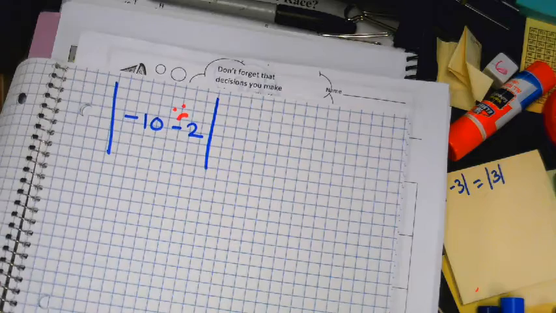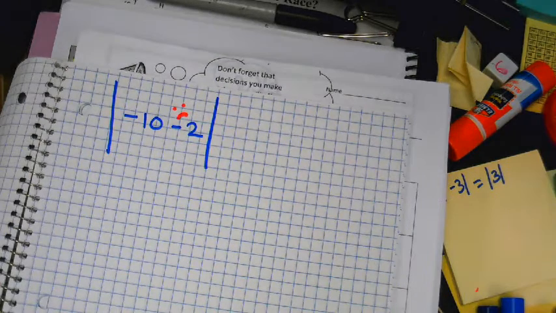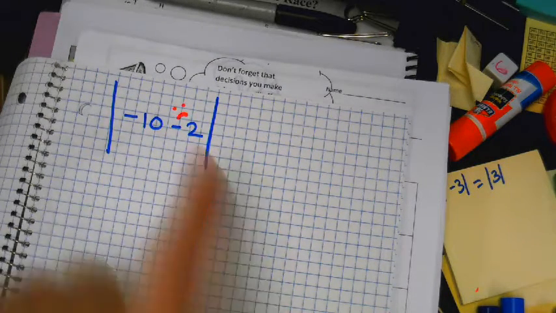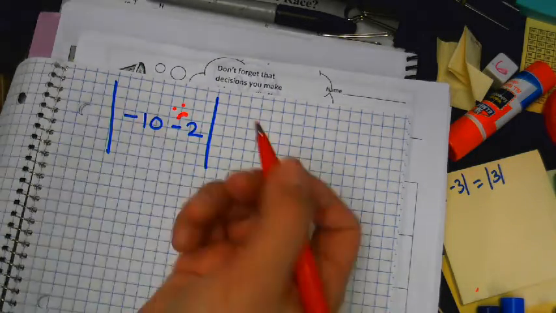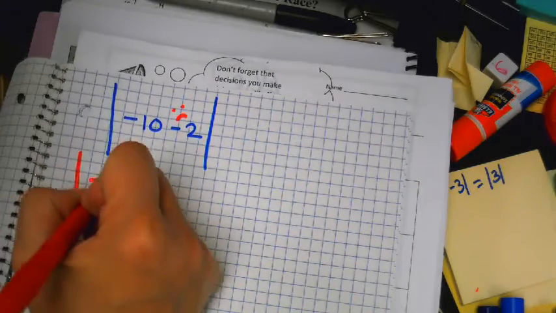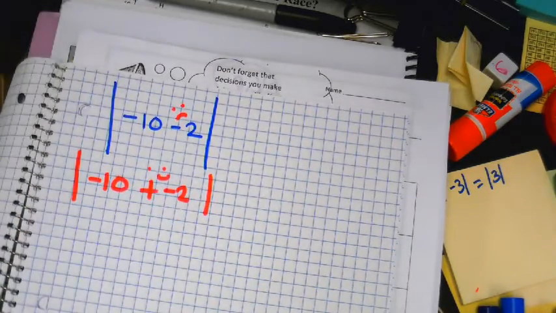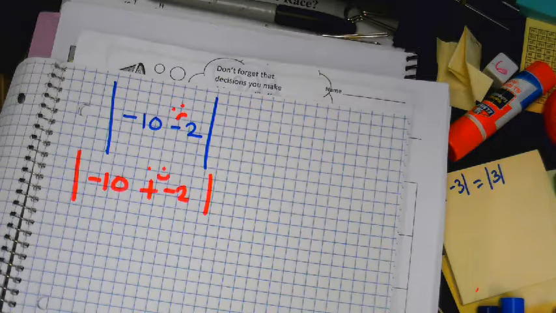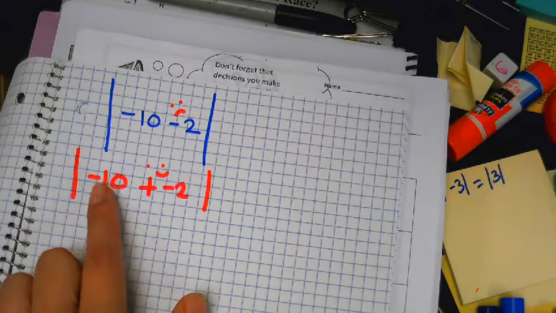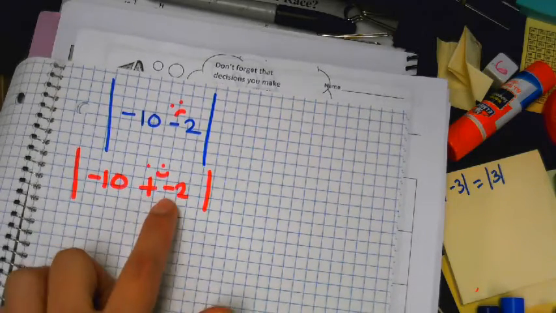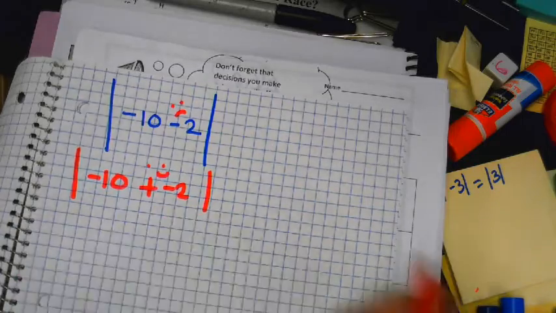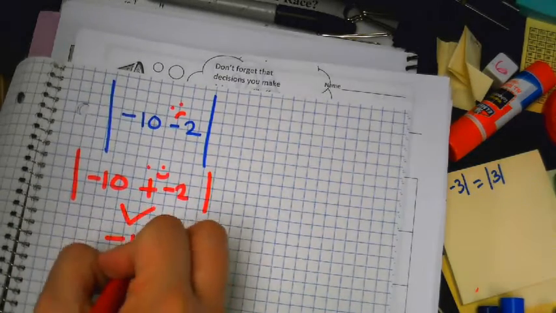How do you rewrite it? Because this makes me sad. Negative 10 plus negative 2, I think. Yep, makes me happy. Do I still have bars? Yes, because I didn't ask myself what the absolute value is yet. Plus, there's too many numbers inside. What is negative 10 plus negative 2? This gives me negative 12.